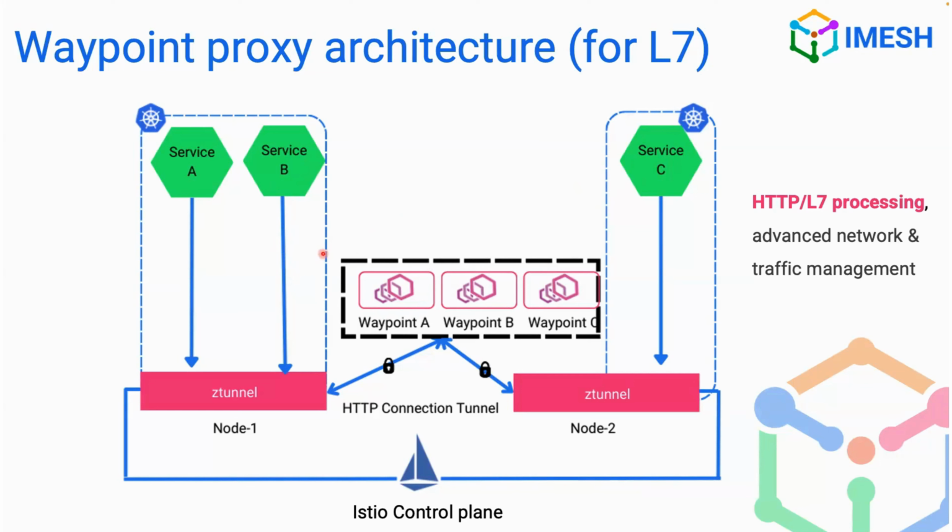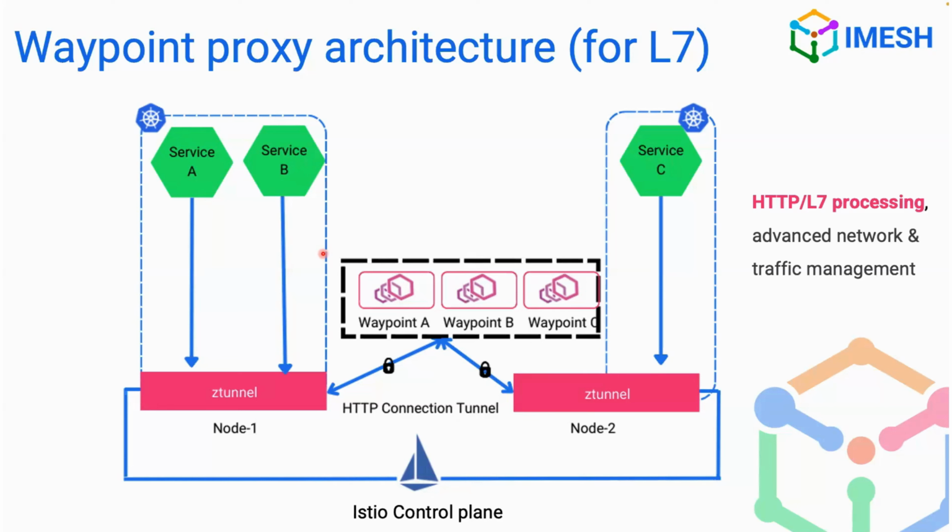That is mode 1, one way of configuring. So all the requests to a namespace will go via the waypoint if it is configured at the namespace level.